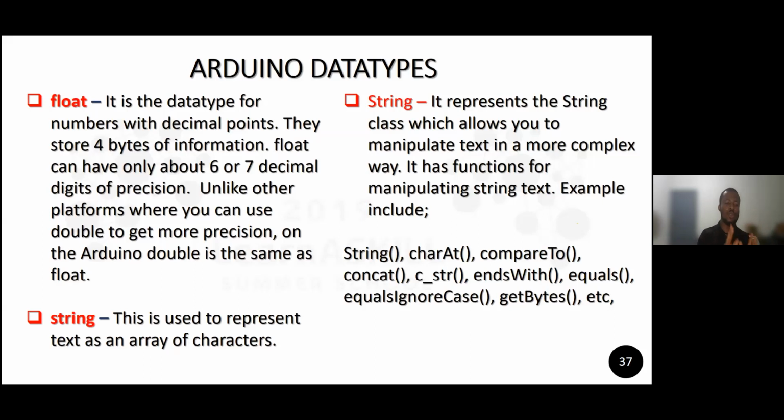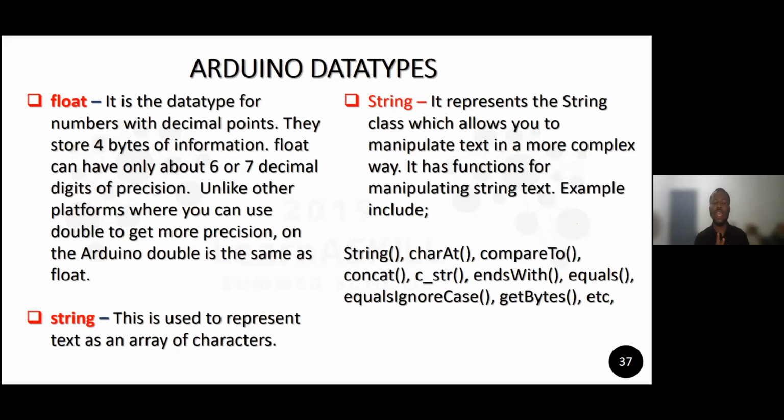And 3.142 is not as precise as 3.125 and so on. So the more decimal places, the more precise that number becomes. And that is how floating point data types are differentiated. But like I said, in Arduino, whether you use float or double, you are actually working with 4 bytes and they don't actually have any difference.